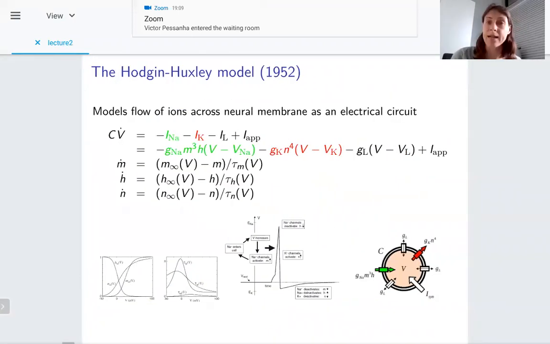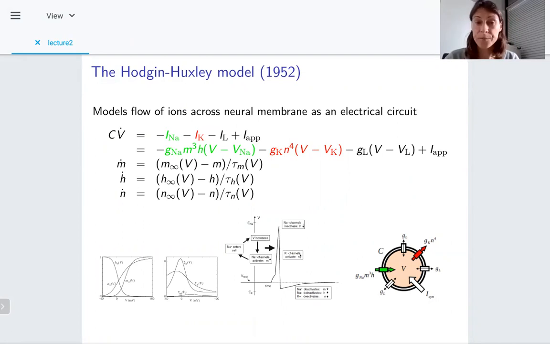And we presented a classical model designed by Hodgkin and Huxley in 1952 to describe the evolution of the voltage of a neuron. This classical model consists of a set of 4 differential equations that involve 4 variables.